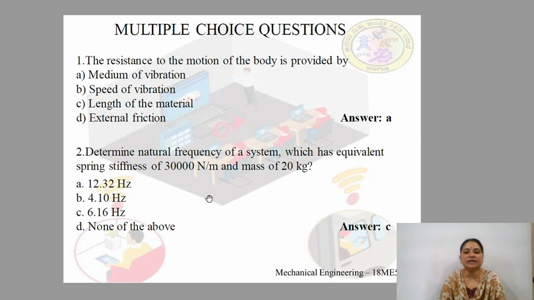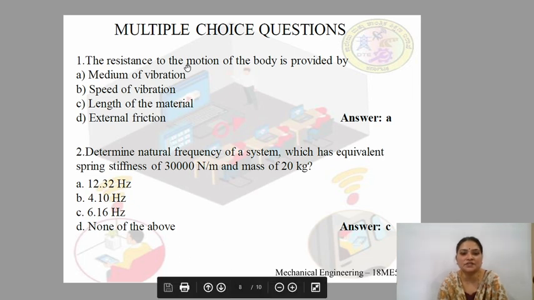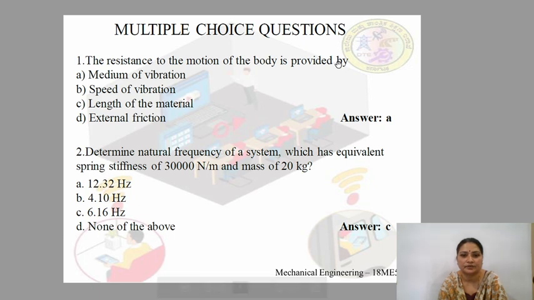Now, looking at the multiple choice questions on the topics we discussed in this session, the first multiple choice question is, the resistance to the motion of the body is provided by. We have to choose the correct answer.